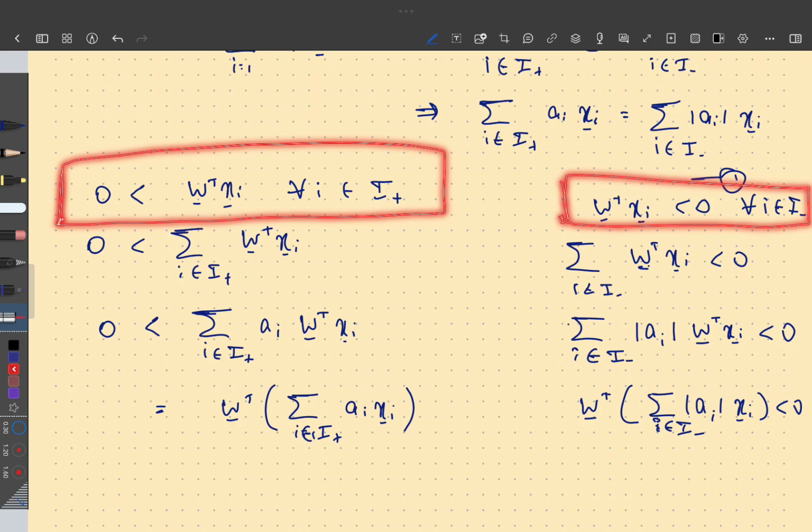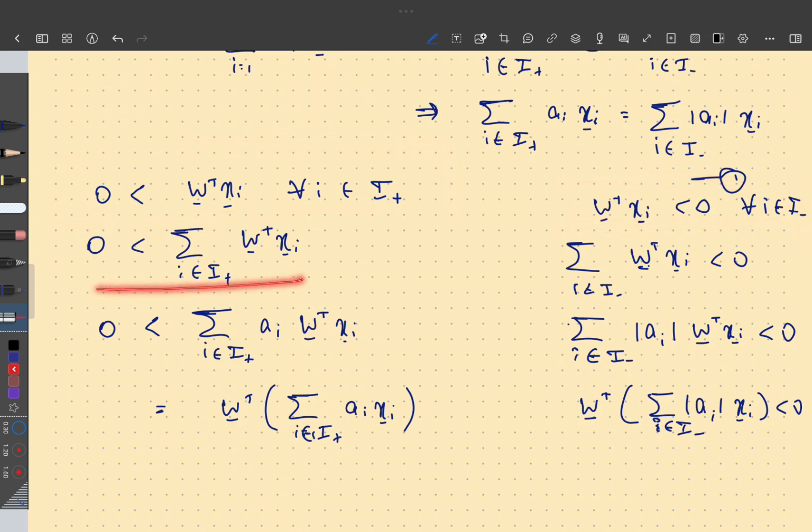Then it must mean that the summation over all i in I plus of a_i W transpose x_i is greater than 0, because I know that all of the a_i's in I plus are strictly positive. Similarly, the summation of mod a_i W transpose x_i should be less than 0.